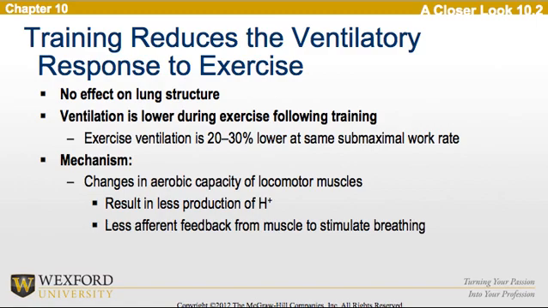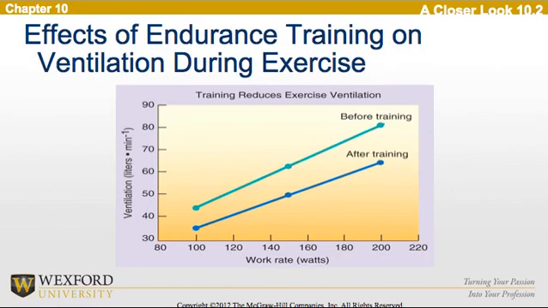If we look at the mechanism, we see changes in the aerobic capacity in the locomotor muscles. This results in less production of hydrogen and less afferent feedback from the muscles to stimulate breathing. This chart below shows the effects of endurance training on ventilation during exercise, where after training we have a decrease in ventilation.